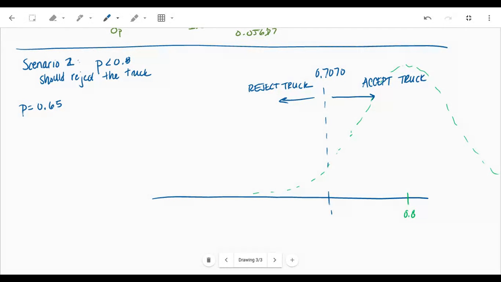Maybe I want 80% good apples, and I have to have a test that will definitely have a power of maybe 80% to reject when the truck has 65% good apples. So a high power test against this specific alternative. It's kind of like, this is as low as I want to go.